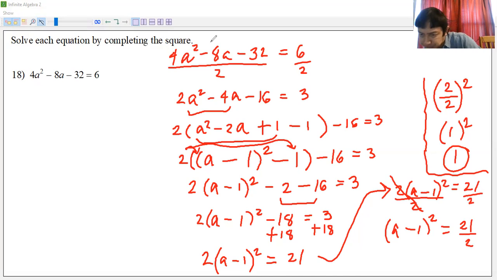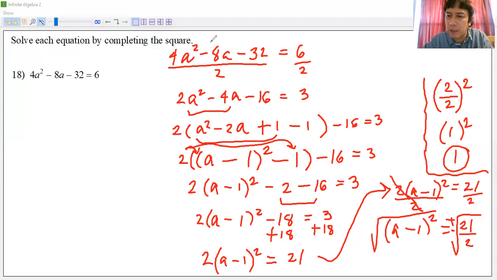All right, so we will take the square root of both sides. Square root. All right, this will now have square root here and square root there, plus or minus. And the next line is a minus 1 equal to plus or minus square root of 21 over 2. Okay, let me clear that.